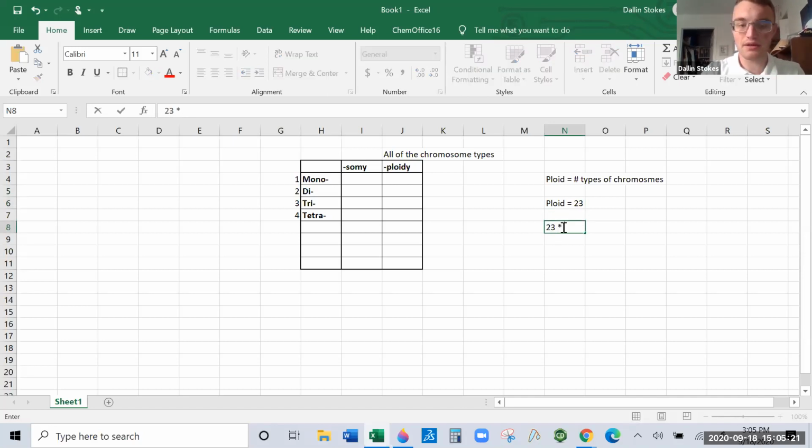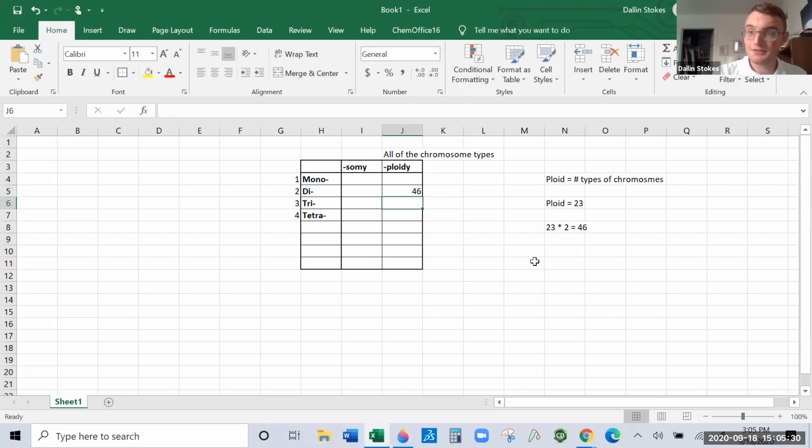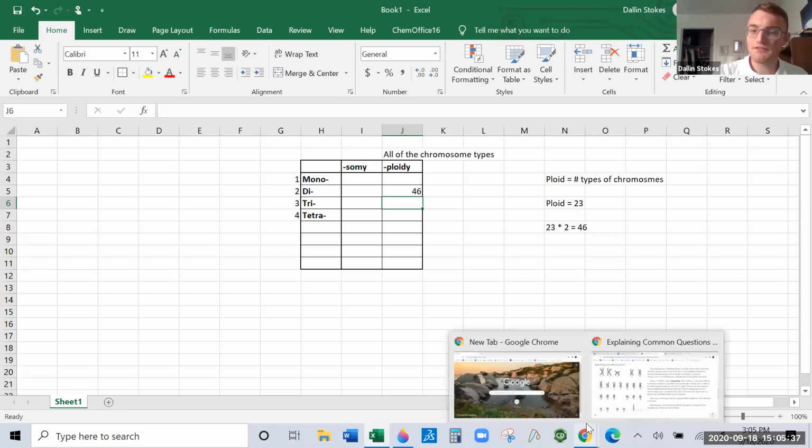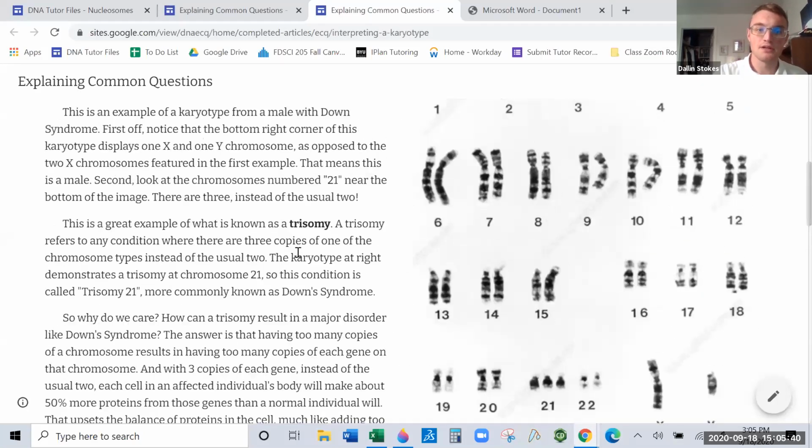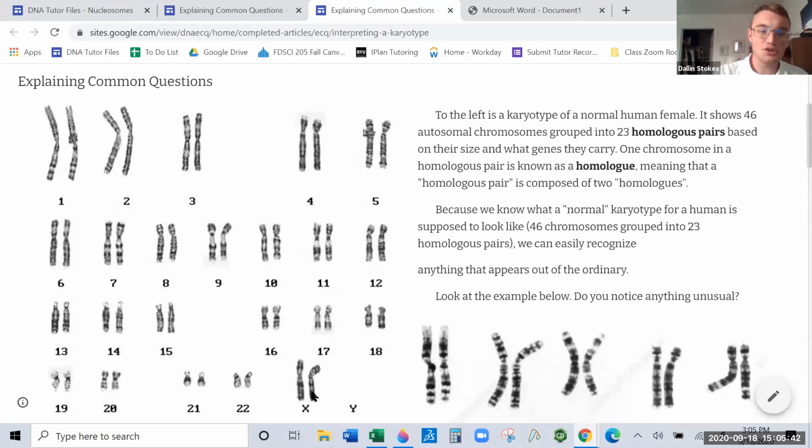For humans, it's 23 times 2 is equal to a diploid number of 46. So human cells and most every other creature are called diploid because we've got 2 of every kind of chromosome. Like up here, we've got 2 of every kind of chromosome. So this karyotype represents a diploid cell because there's 2 of every kind. And for humans, the diploid number of chromosomes is 46.